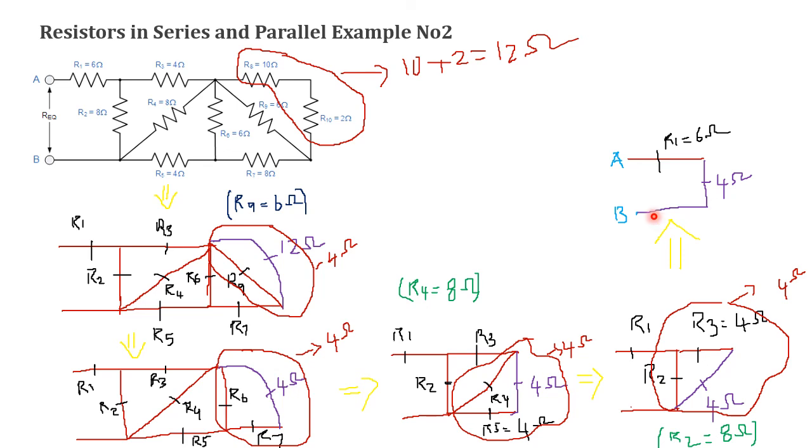So the equivalent resistance between point A and point B will be 10 ohm. So here is our final simplified circuit. Here Req will be 10 ohm. So this is the answer. I hope this question is clear to you.